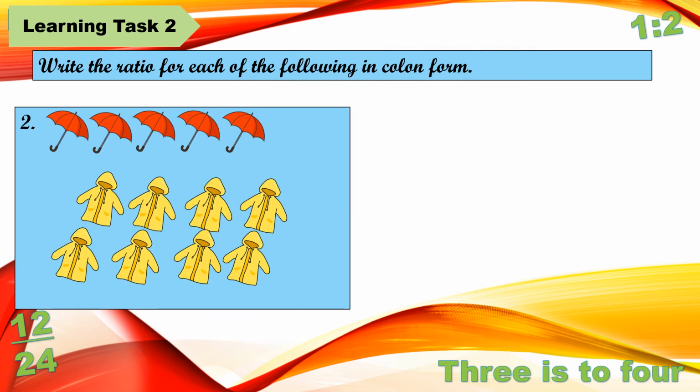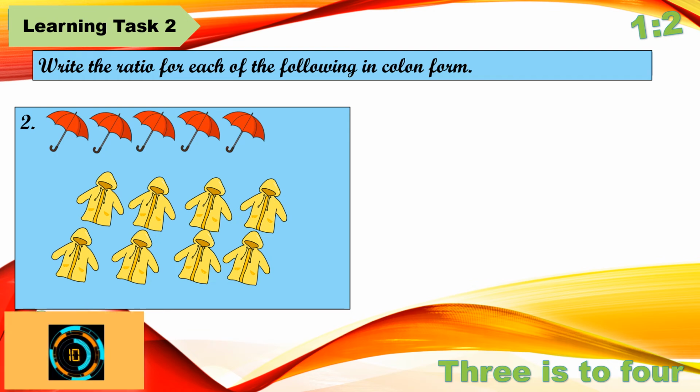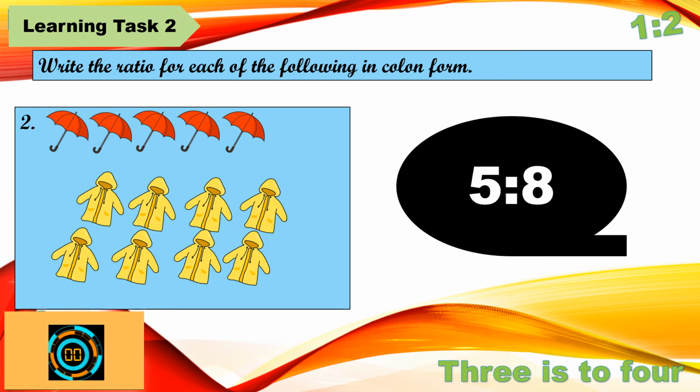Number 2. What is the ratio of umbrellas to raincoats? Timer starts now. So let us see your answer. The answer is 5:8.